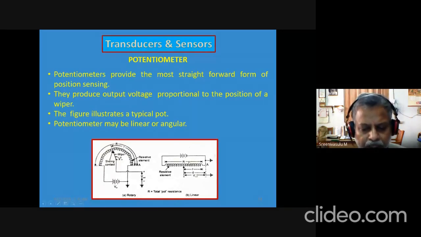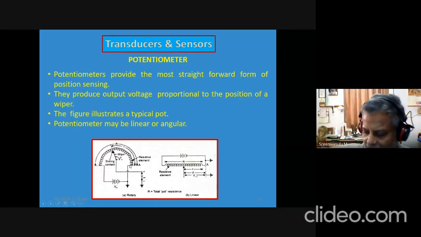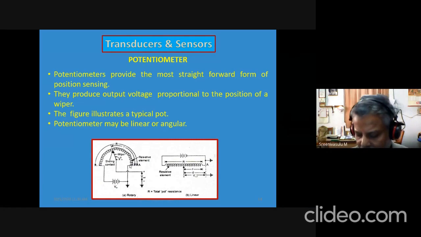So it could be a linear one, variac, rheostat. It could even be a dimmerstat. One will have a rotary switch, another will have a linear switch. You can vary literally on that resistor. They produce output voltage proportional to the position of the wiper. This is the wiper in this case.